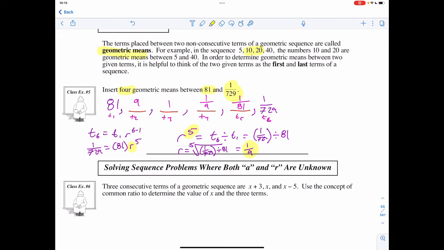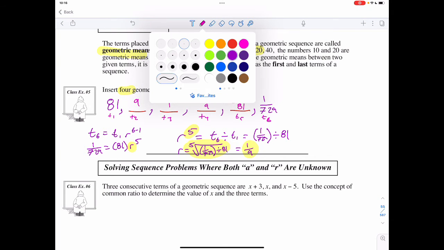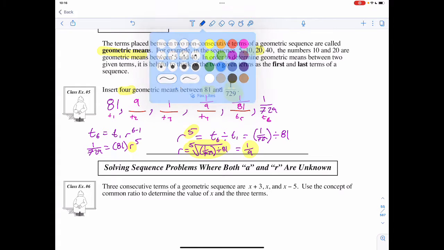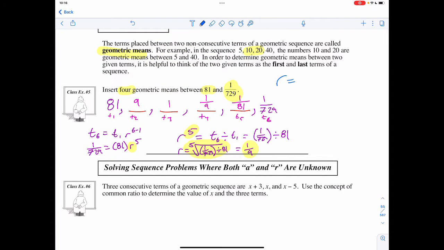Well, how did this r value work? In order to solve the r value, I took the value of the later term divided by the value of the earlier term, and I had to take, to figure out how many changes occurred in between them, the q minus p root there.